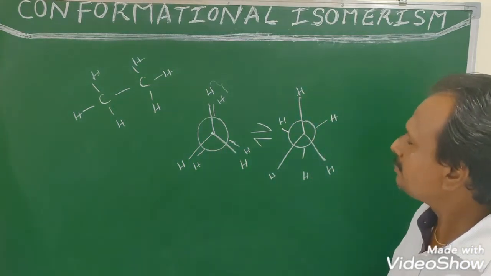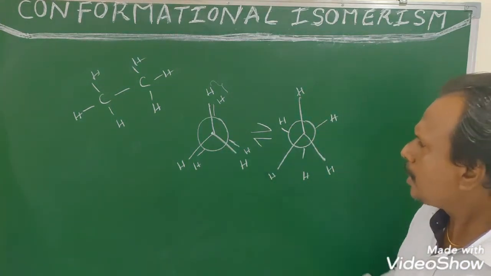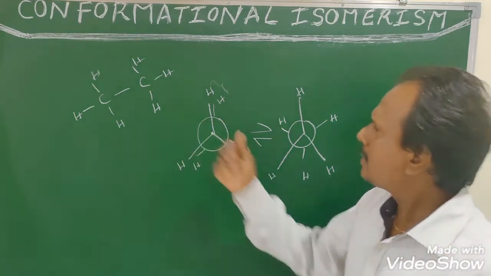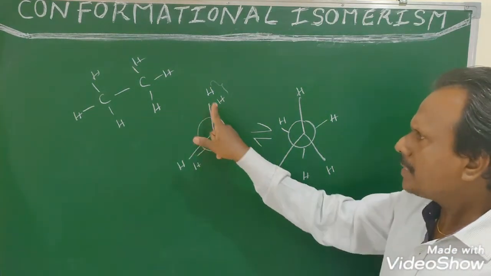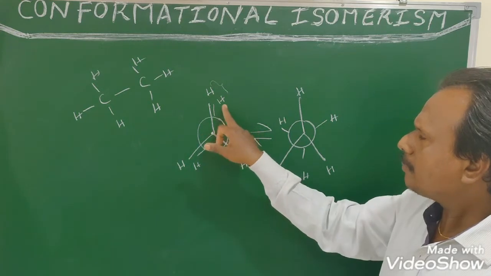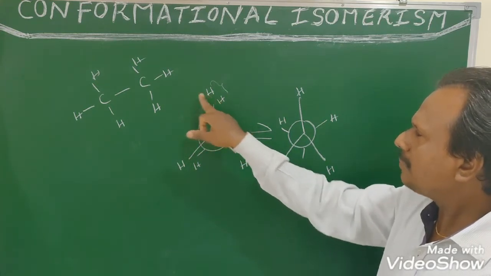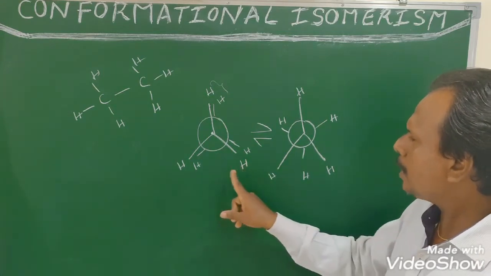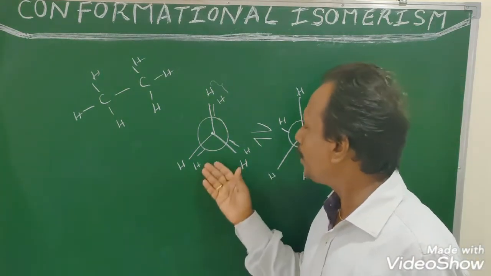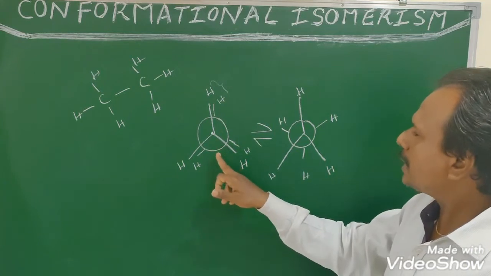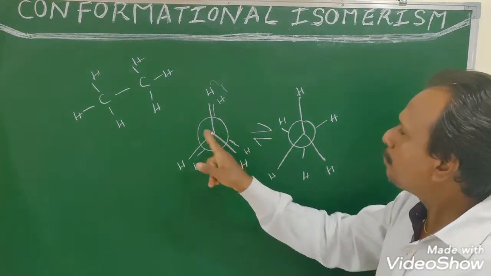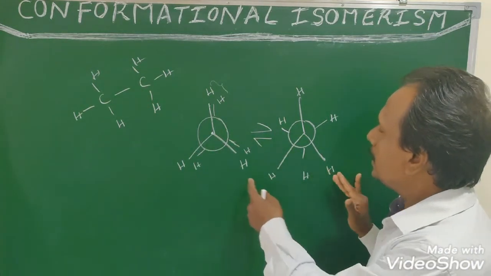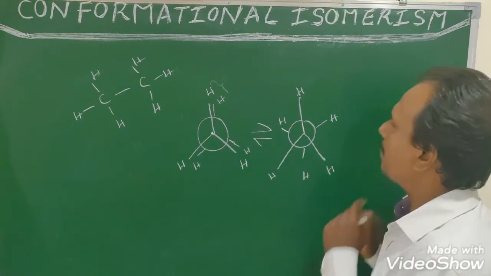Stability is the main reason for stereoisomerization of ethane. Here, this isomer has more energy because both H atoms are close to each other. Due to repulsion, this molecule has more energy. To reduce its energy, to attain stability, due to free rotation of the sigma bond, it is converted to another conformation.